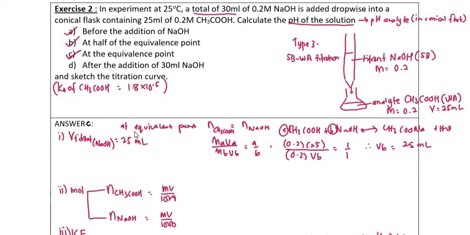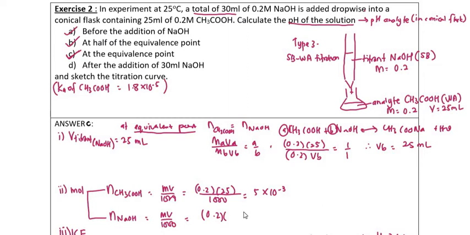to reach equivalent point. Step 2, as usual, you have to find the mole in the conical flask and the mole you added. The mole in the conical flask, which is acetic acid, is MV over 1000, which is 0.2 multiplied by 25 over 1000, and you will get 5 exponent negative 3. How about mole NaOH, MV over 1000, 0.2 molarity.